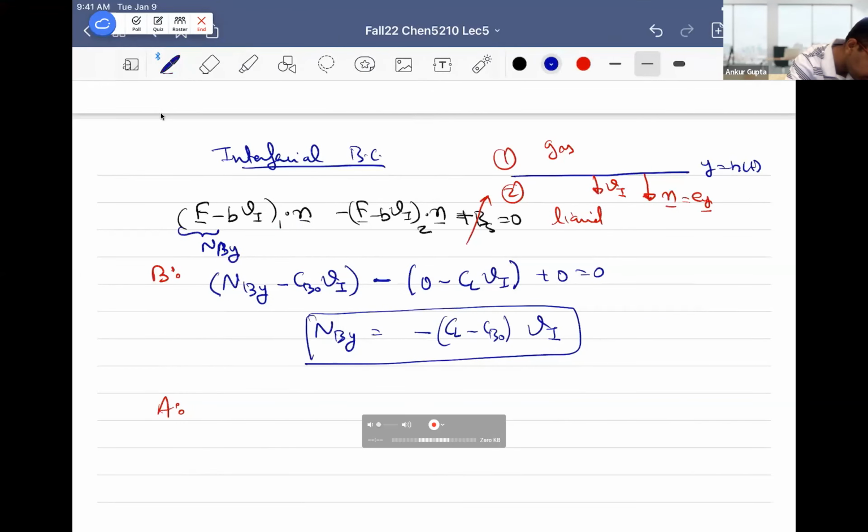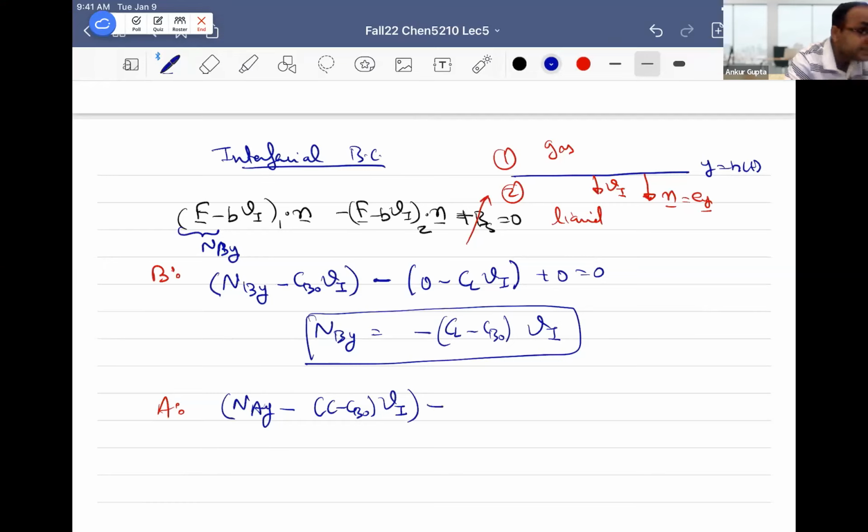Now N_AY, I would say this is the concentration C_A times the velocity, minus the diffusion term. Here this is the concentration of A, and then is there any flux of A in the pure liquid? No, there is no A, so that goes away. What is the concentration of A in the liquid phase? Zero.